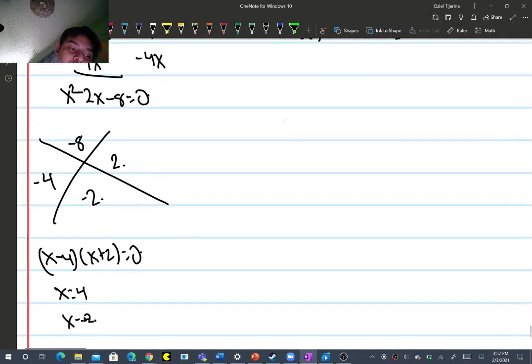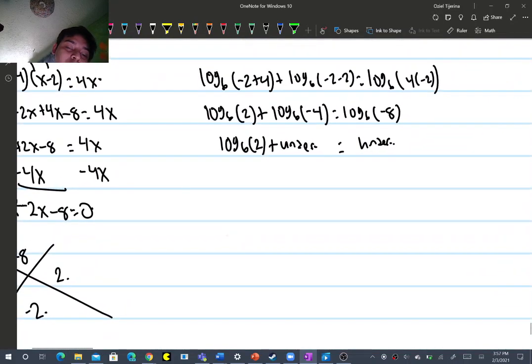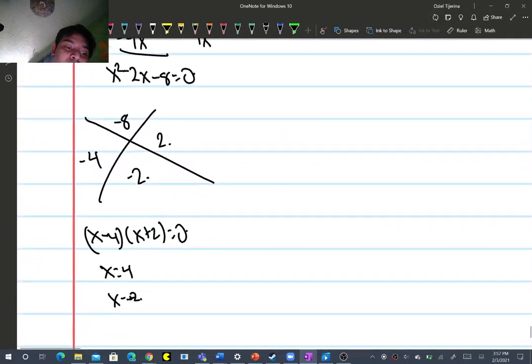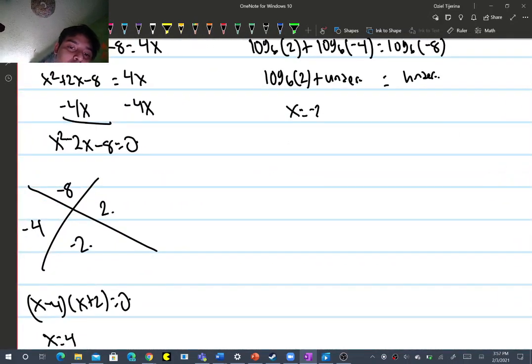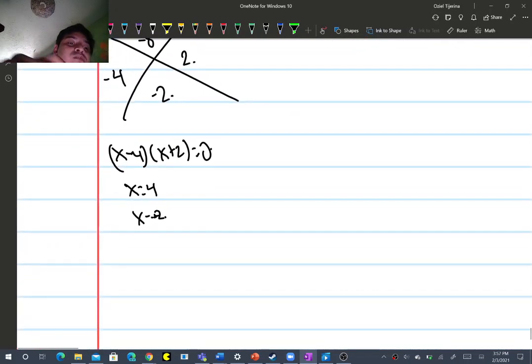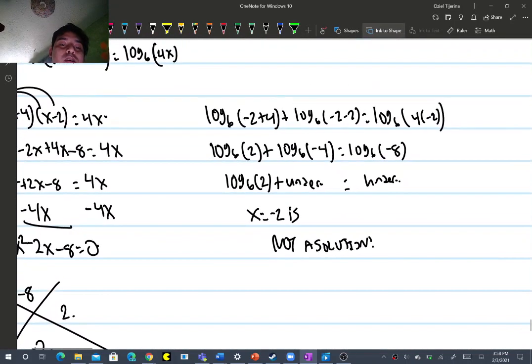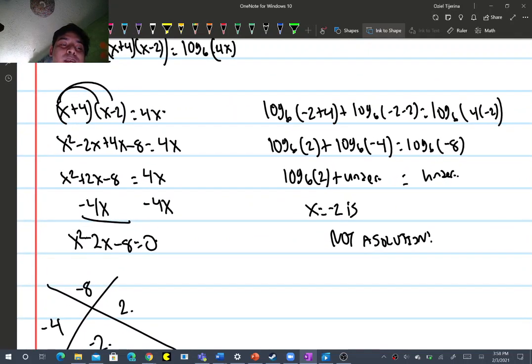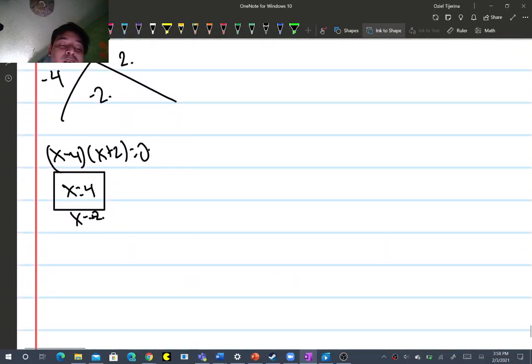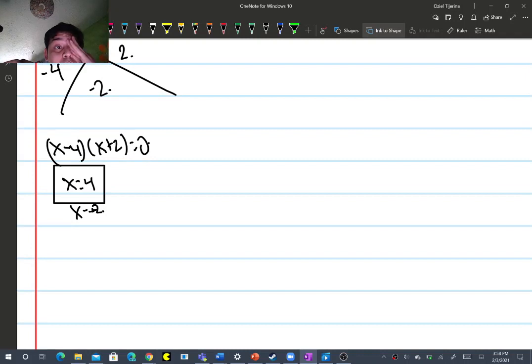So that means that x equals negative 2 is not a solution. So the only solution for this equation is x equals 4. And we can always check it, and I did check it myself and it is the solution.